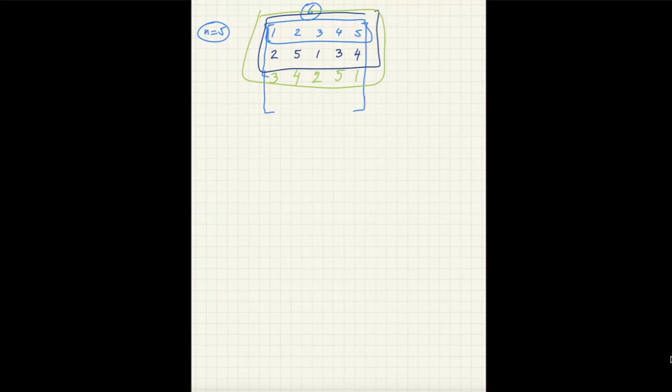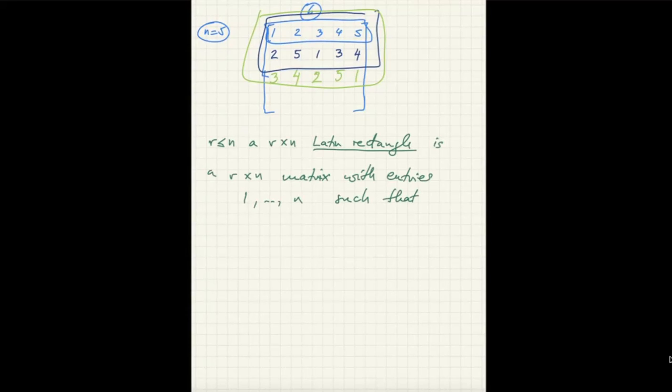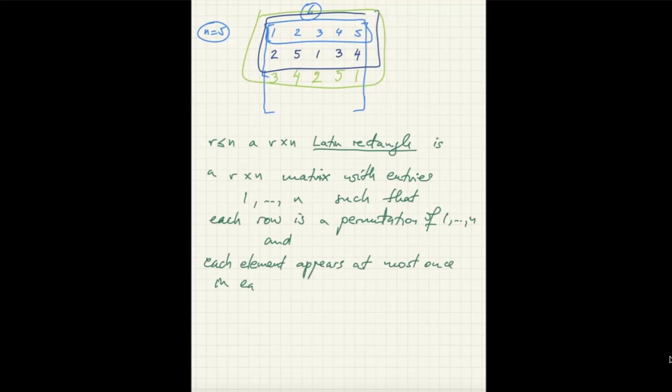So if R is less than or equal to n, an R by n Latin rectangle is an R by n matrix with entries as before, 1, 2, all the way up to n, such that each row is a permutation of 1 to n, and each element appears at most once in each column.